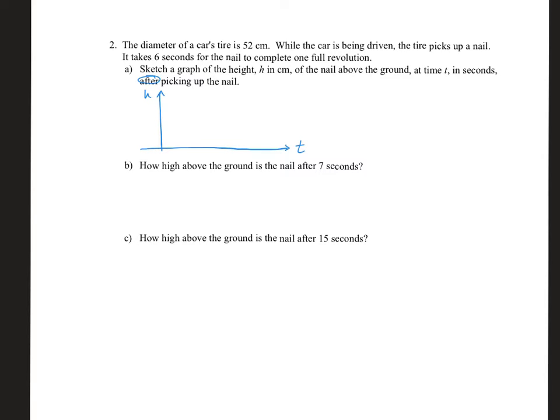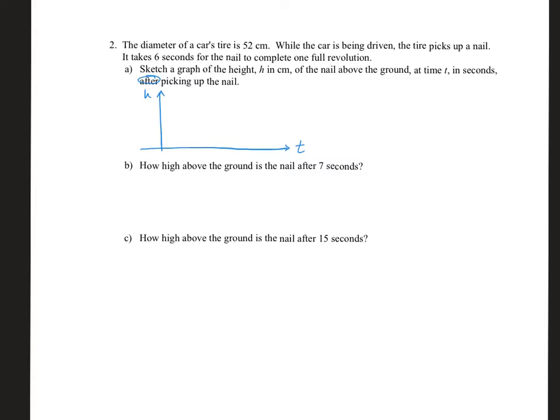But also, we're dealing with height always being positive. At the very least, that tire goes down, or the height of the nail, I should say, goes down to ground level. Okay, the question then says, sketch the graph of it. So now we're going to put on the graph of what happens as that nail rotates on that tire.